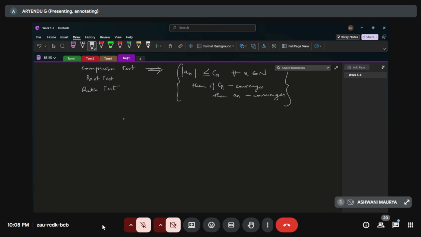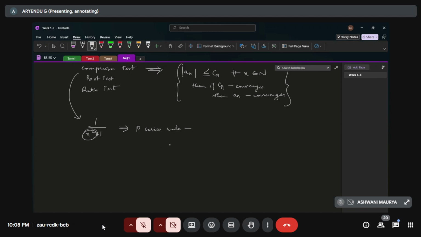The simplest trick we can use with the comparison test is for questions like 1 by n square plus 1, or such questions which have a power of n in the denominator, because there is something called the p series rule.